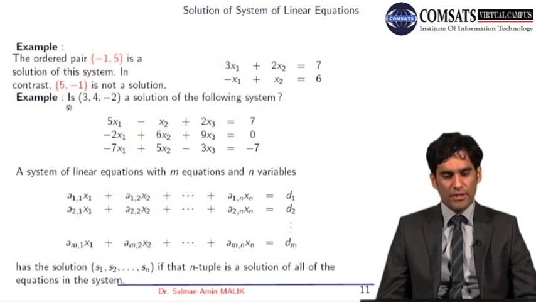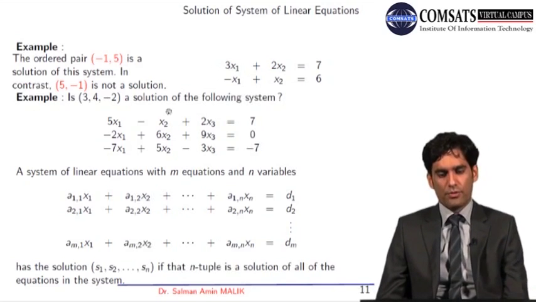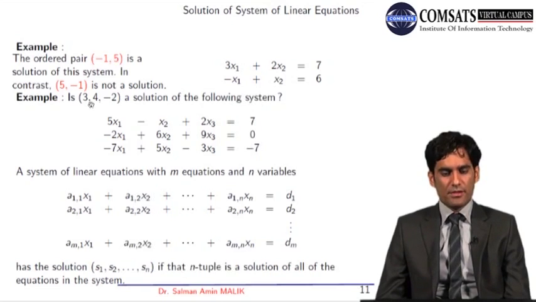Let's see another example: is (3, 4, -2) a solution of the following system? If we take x1 equals 3, x2 equals 4 and x3 equals -2, then each equation must be satisfied. 5 times 3 is 15, minus 4, that turns out to be 11, and minus 4, 11 minus 4 equals 7.